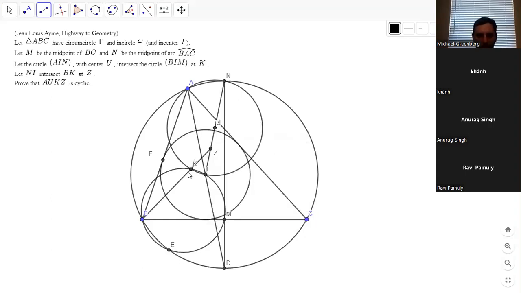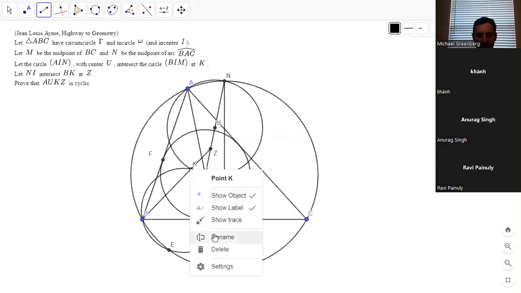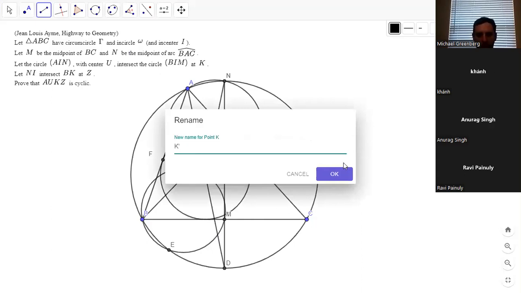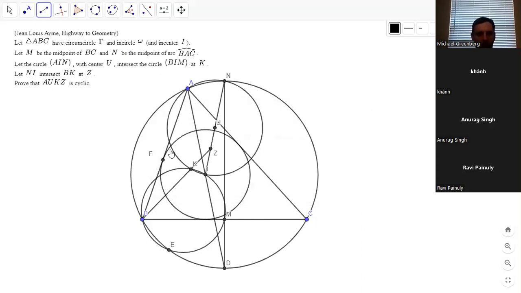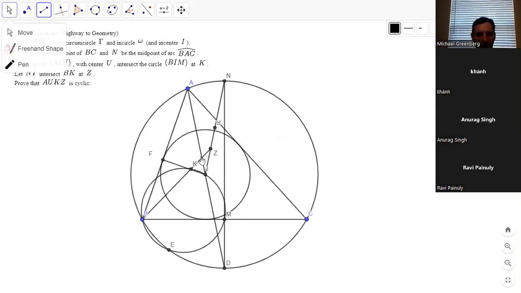So I'll call it K prime. And then basically we're going to show K prime equals K. Okay, so power of a point plus chase. So how do we do that?